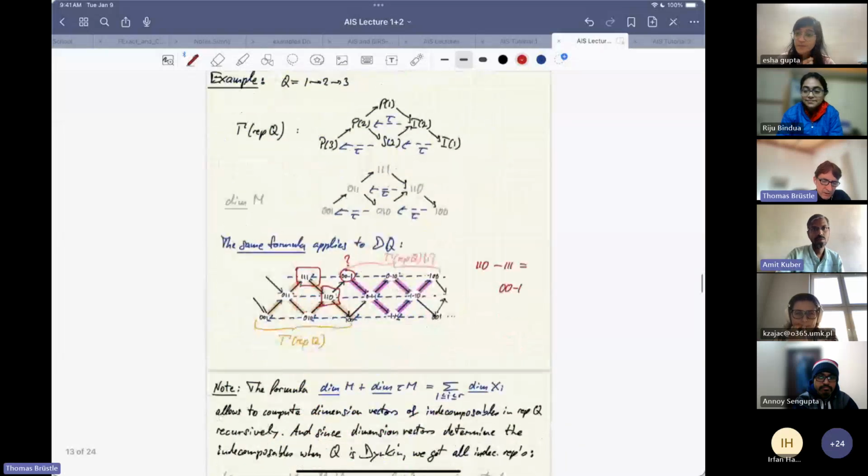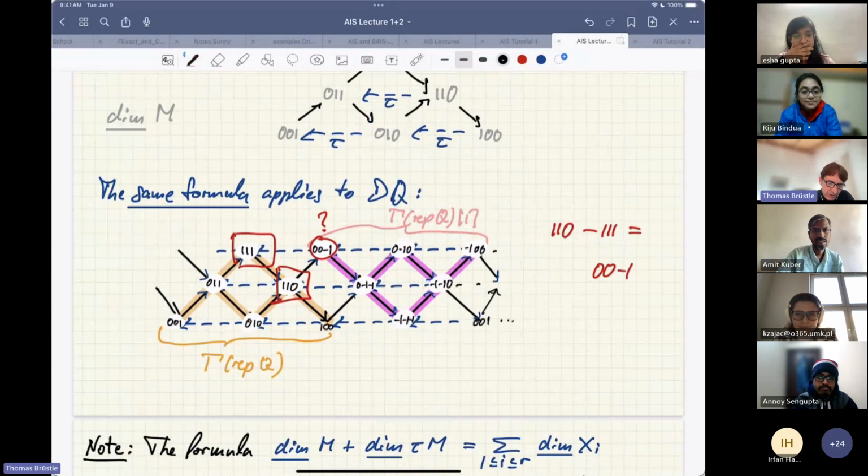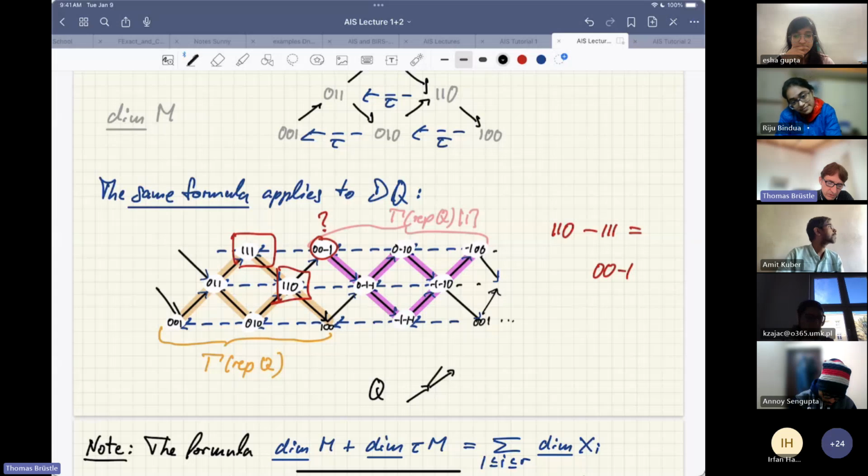Yesterday, in the tutorial, we did type D. We looked at a quiver of type D, say like so. And I can do the same game.